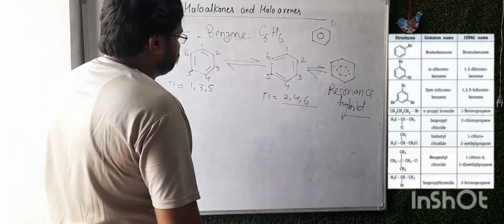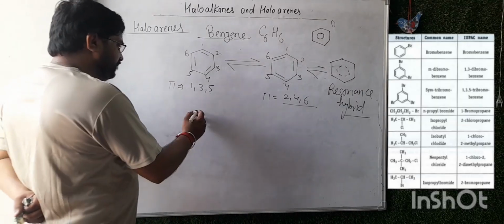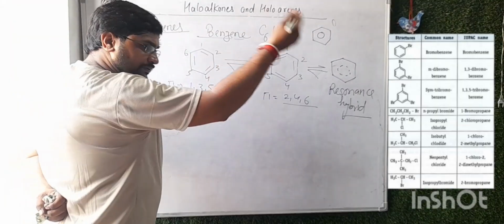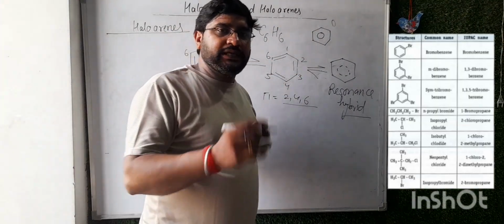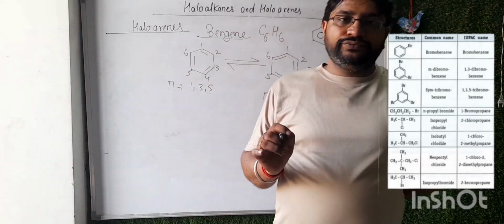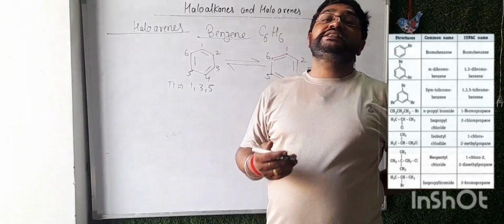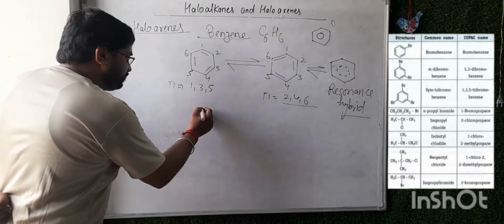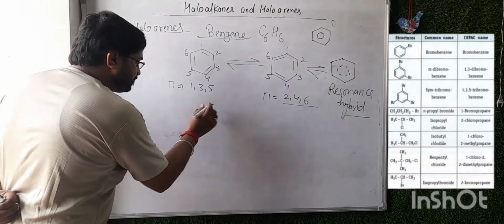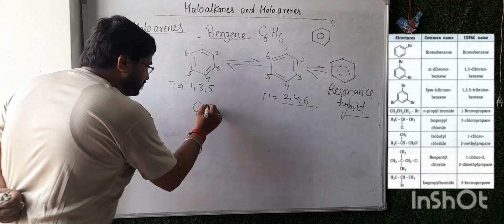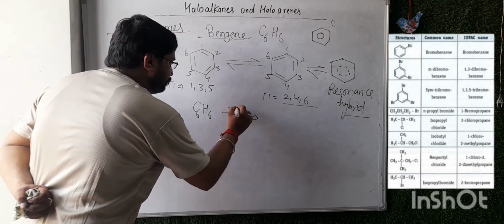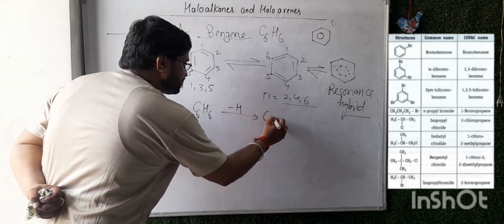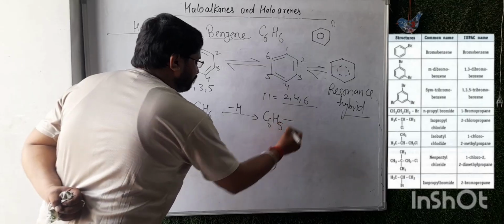Clear? And in benzene, for example, like in the hydrocarbon methane, when one hydrogen gets removed, there is the formation of a group, an alkyl group, that is methyl. Here again, in a benzene ring, first we write the formula C6H6, and when one hydrogen is removed, they form C6H5, and now one valency will be free.